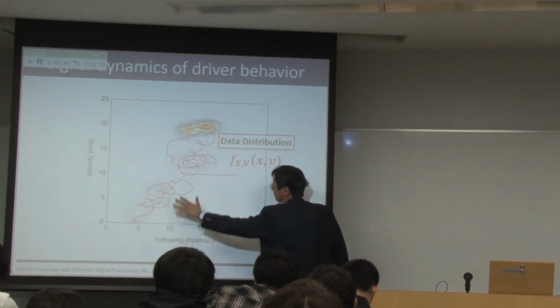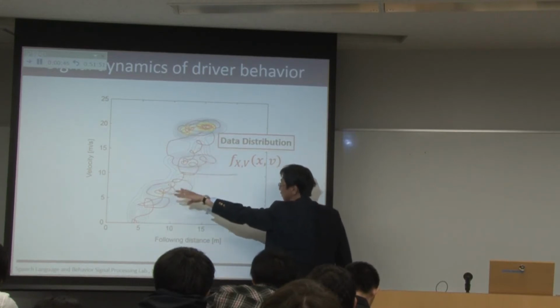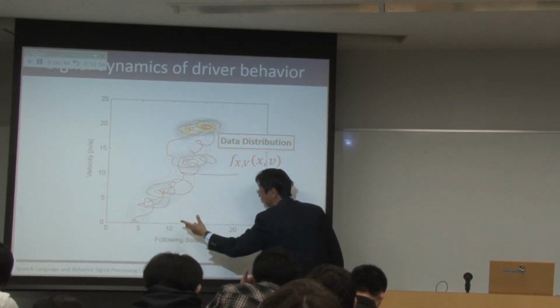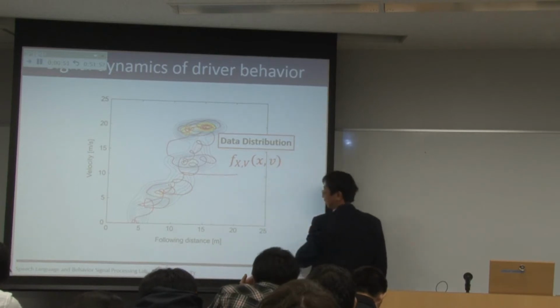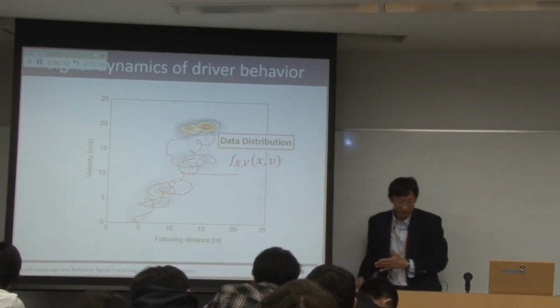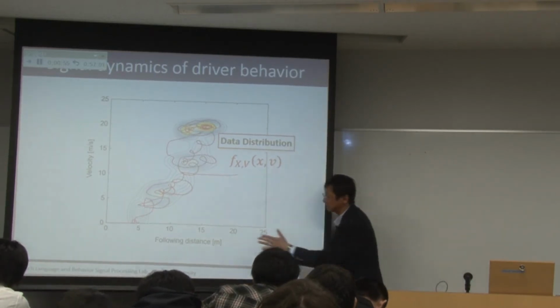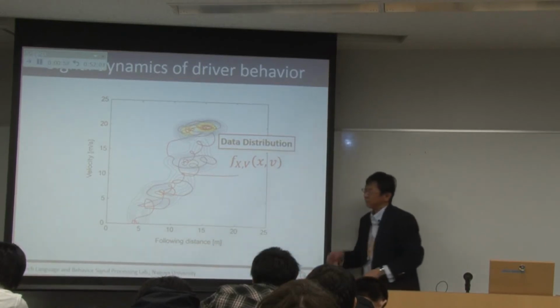So knowing this joint distribution gives you some idea of estimating or predicting the velocity from the following distance. This is causality. This is the cause and this is the result.